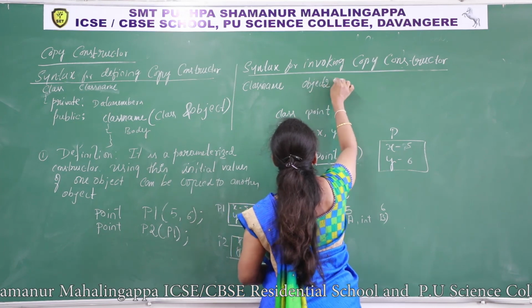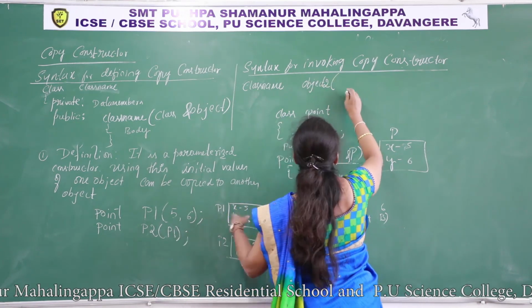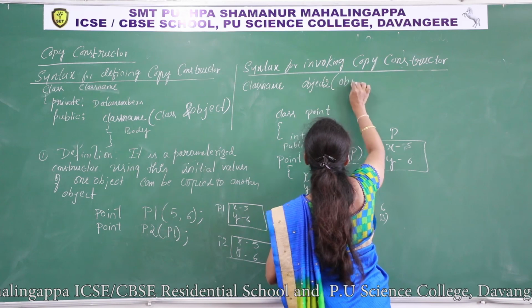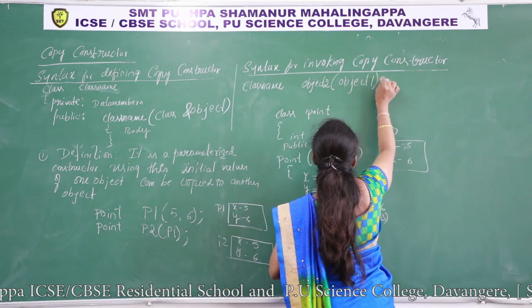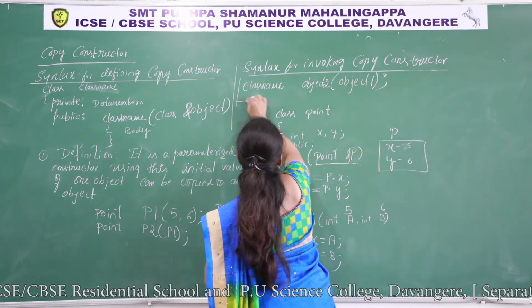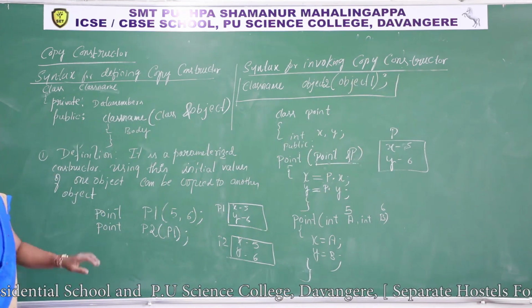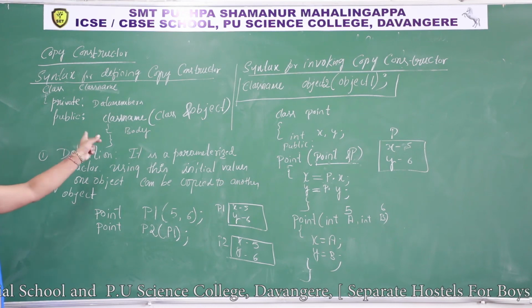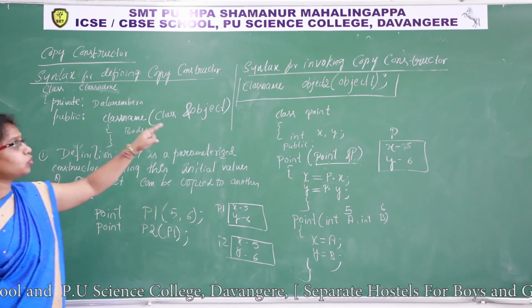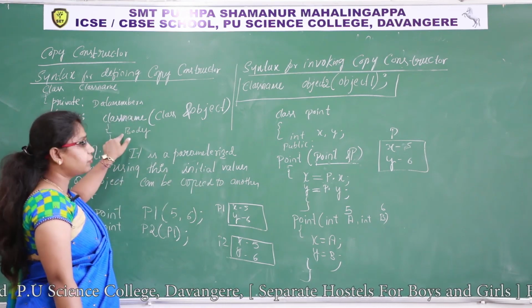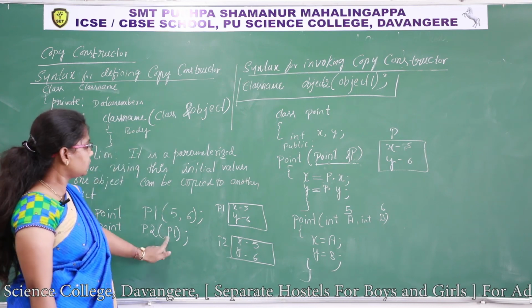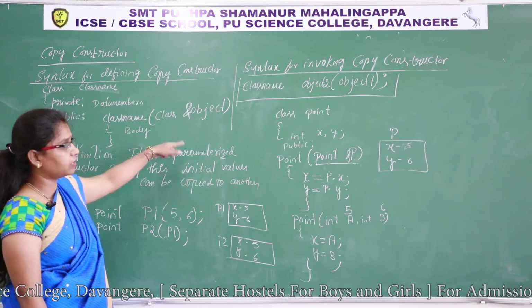Object 2, open parenthesis, P1, that is object 1, semicolon. So this is a very important concept, the copy constructor concept. See, there are two syntaxes you must write: one for invoking the copy constructor, another for defining the copy constructor. So this is the example. Through this example I made you understand.